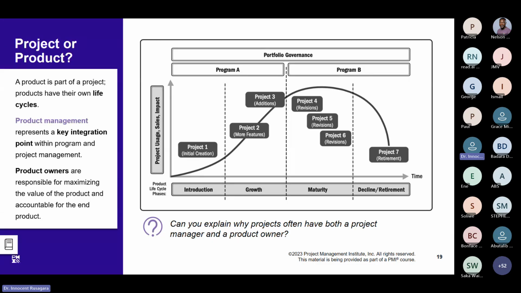For example, in the automotive industry, let me say Toyota, the Toyota models that were there in the 1970s and so on are no longer there. Those models have disappeared, and now we are having new models. That is how a product is, and this is always understandable.